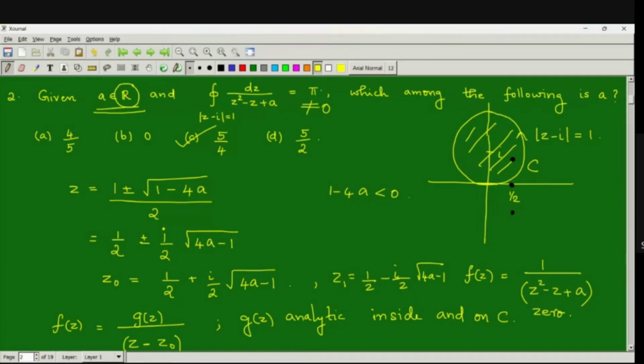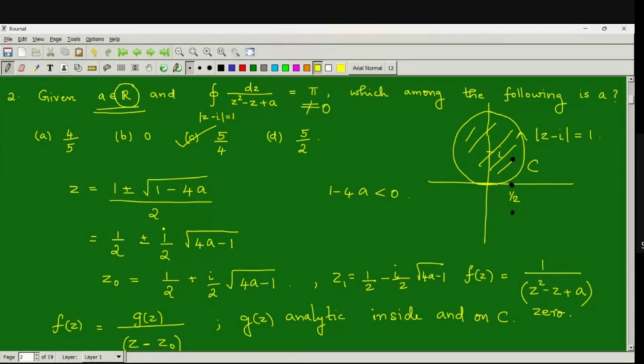Here, as soon as we see this equation, our head will directly go to Cauchy's integral formula. Then think how we can apply it. Then we will come to the answer automatically. Okay, so this is how you have to attack a question.